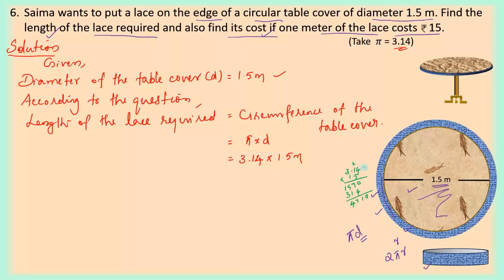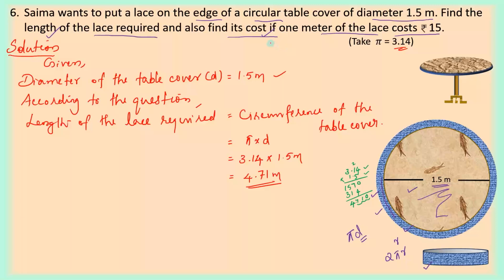Since there are 2 digits after the decimal here and 1 digit after the decimal here, so total 3 digits. So from the rightmost digit, count 1, 2, 3. That is, we have to put the decimal here. So this becomes 4.71 meter. That is, length of the lace required is 4.71 meter.